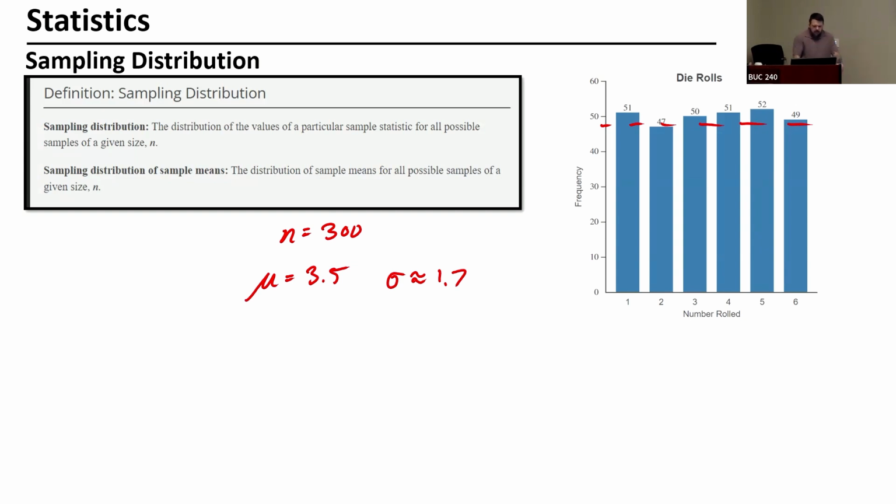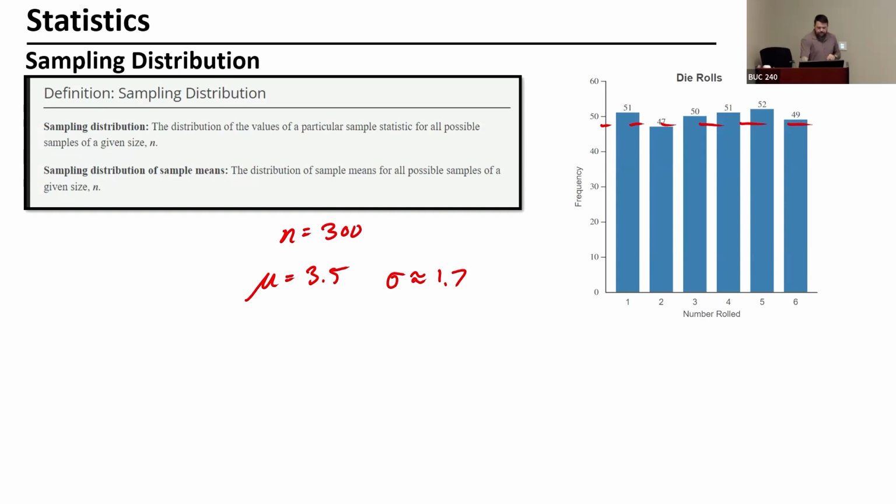Do all that in your list function in your calculator, or use Excel. Now, that's my population right now. I want you to realize that we're dealing with populations right now. That's everything, all my trials. Now, I could take samples from that, if I wanted to.